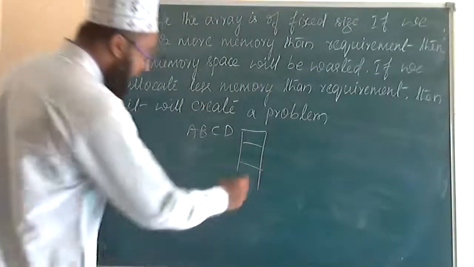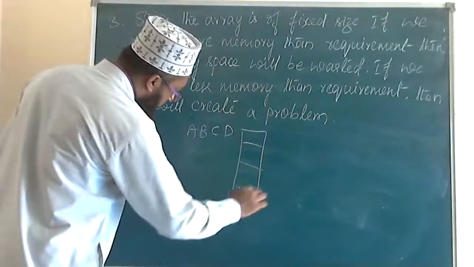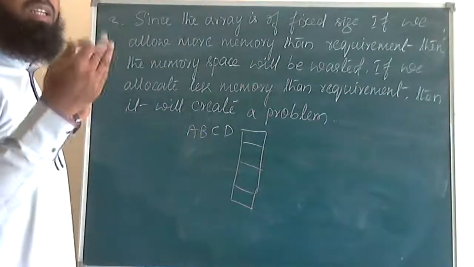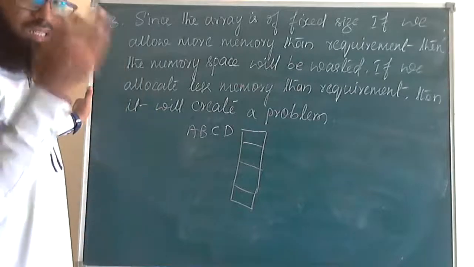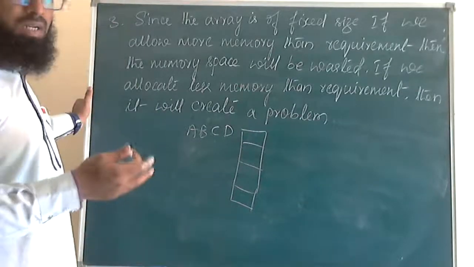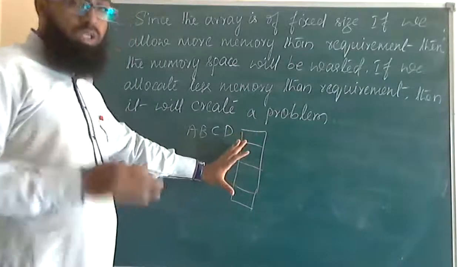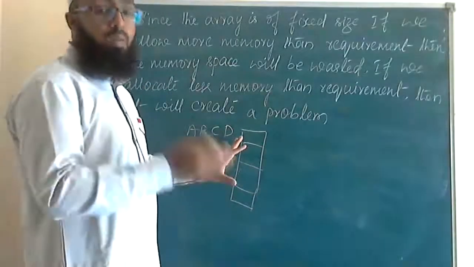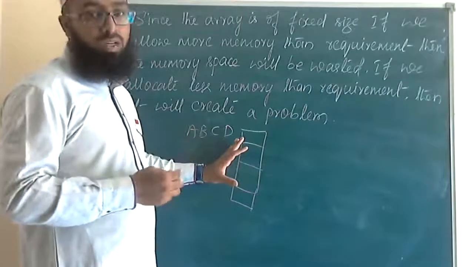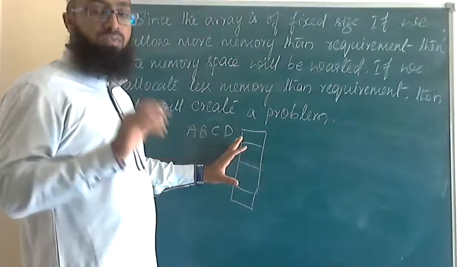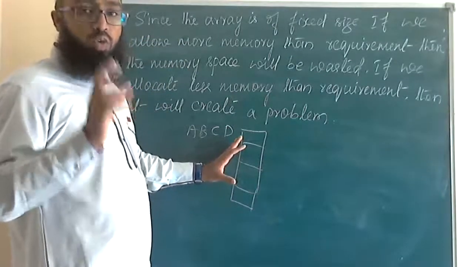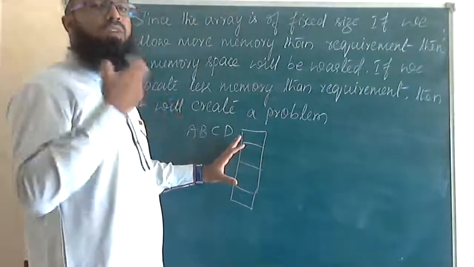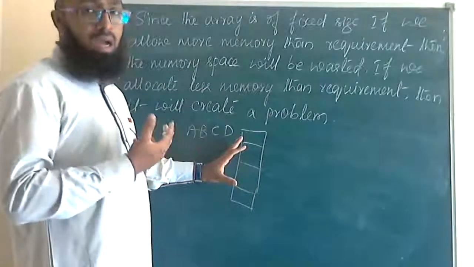If we want to add one more memory space for that array, it is not possible to add more memory after creation of an array. Before creation only we have to think, and we need to add the required amount of space for that array.